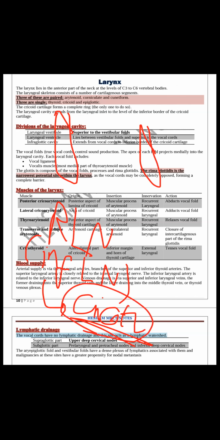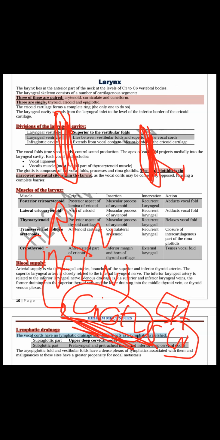What is the innervation of this muscle? It is supplied from the external branch of the superior laryngeal nerve. When you tense the vocal cord, you will have a high pitched voice. So loss of high pitched voice means injury to the superior laryngeal nerve, which is paralysis of the cricothyroid muscle.